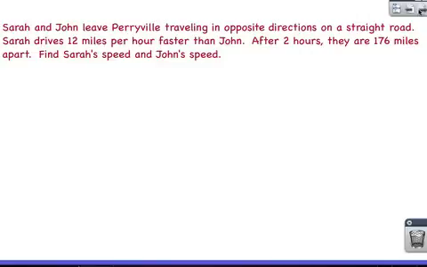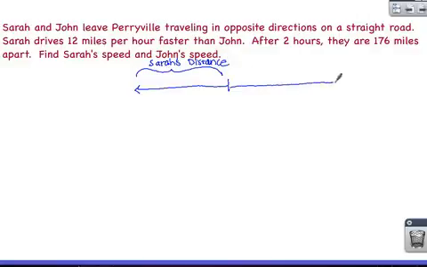So once again, we have opposite direction travel. From our starting point, Sarah travels in one direction and achieves a certain distance from the starting point. And from our starting point, John travels in a different direction and achieves a certain distance from the starting point.